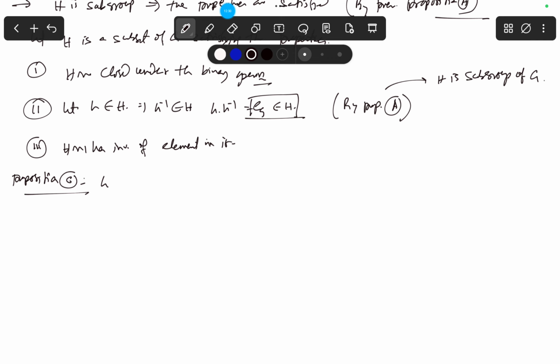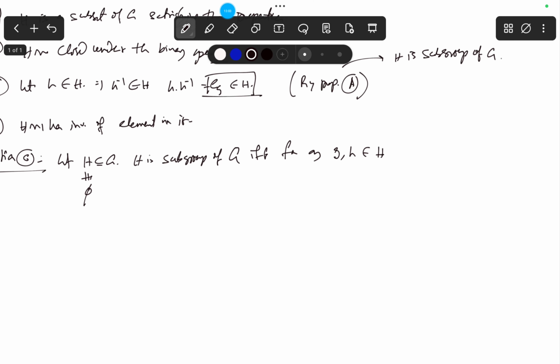Proposition C says that let H be a subset of G, non-empty, as of course every time we will be considering H non-empty. Then H is a subgroup of G if and only if for any small g, small h in capital H, we have g h inverse is in capital H. Okay.